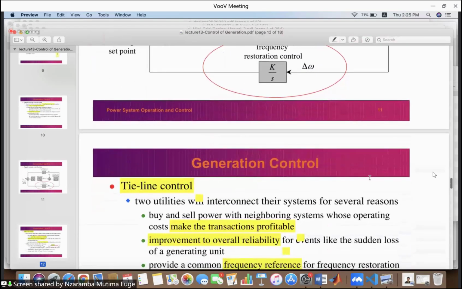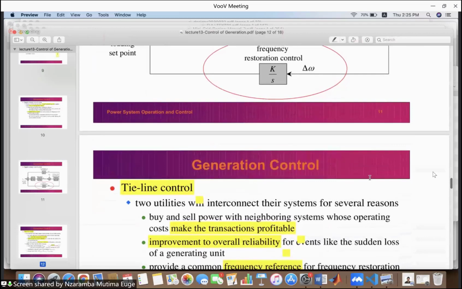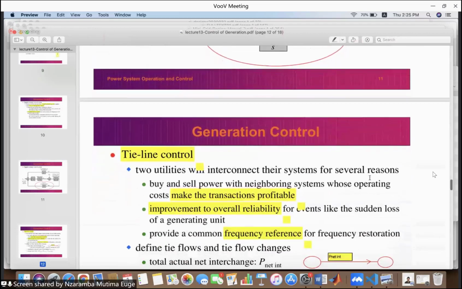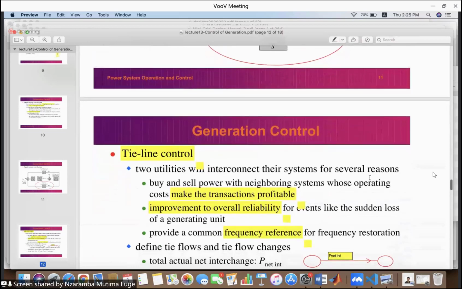Here we have tie line control. What is tie line control? A tie line is an interconnection.